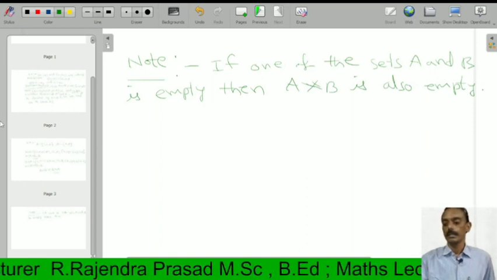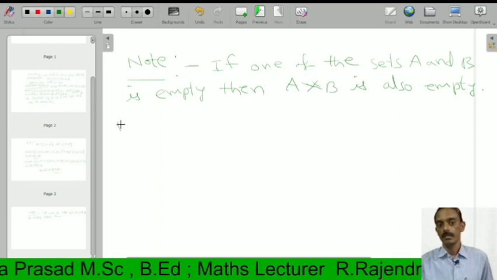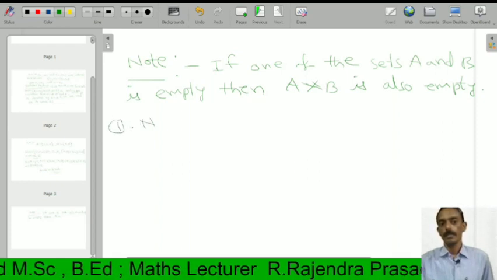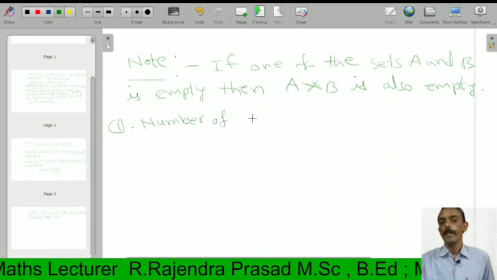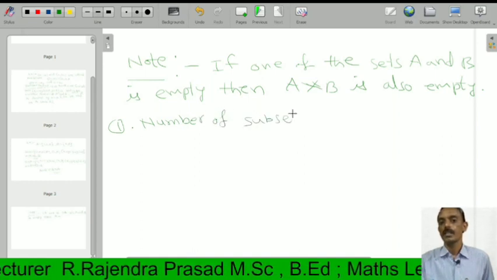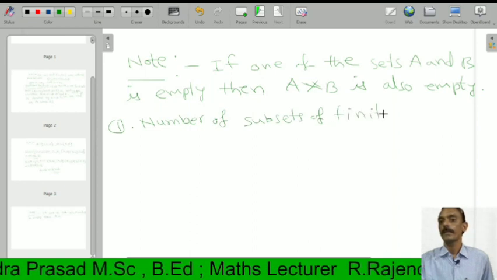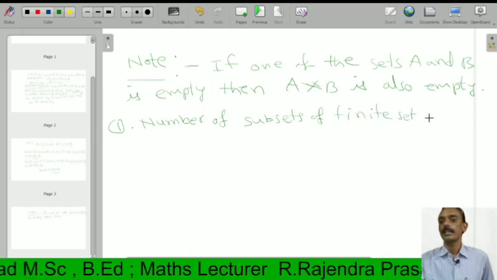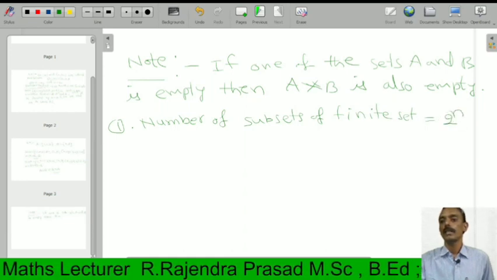Number of subsets of a finite set: the number of subsets of a finite set equal to 2 power n.